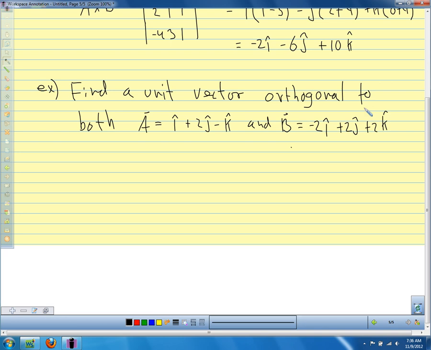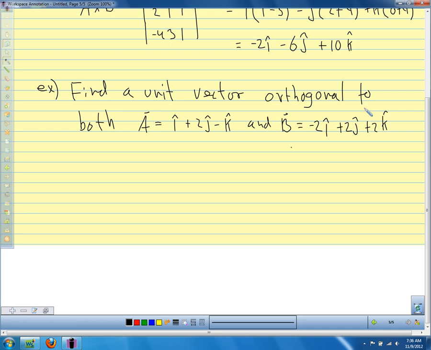This type of problem will show up in lots of contexts as we move forward. We're going to be interested in finding a unit vector that's orthogonal to a plane, to a surface, and we have some other vectors that define parts of that plane or surface. Yes? So for this one, are there two answers? You can go A cross B. Yes, right. We can form the cross product in either order.